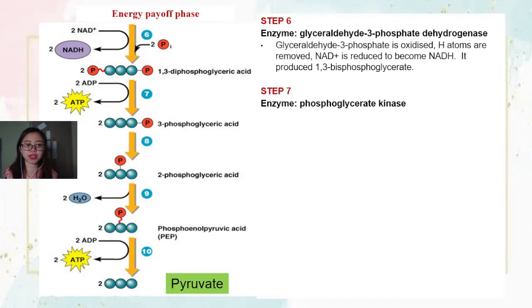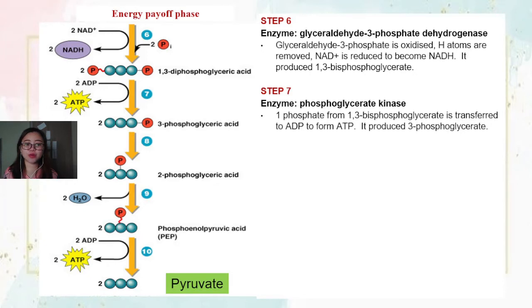In step 7, the enzyme involved is phosphoglycerate kinase. In this step, one phosphate from 1,3-bisphosphoglycerate will be transferred to ADP to form ATP. It produces 3-phosphoglycerate. So tadi ada satu ini kan, ini kamu nampak di sini lukisan dia.